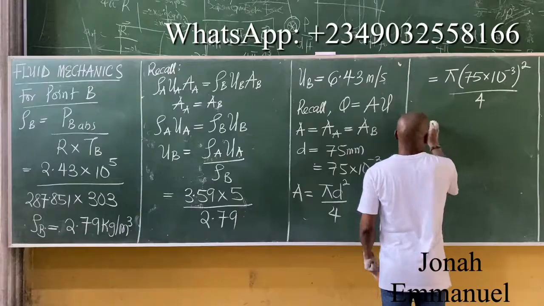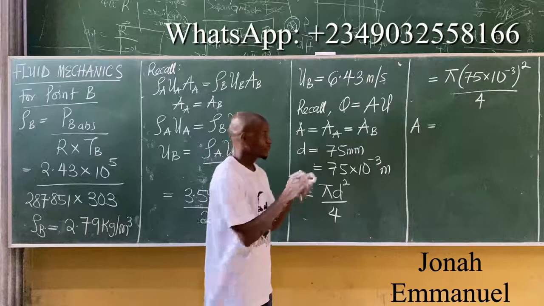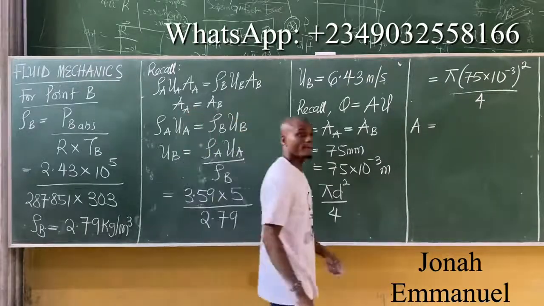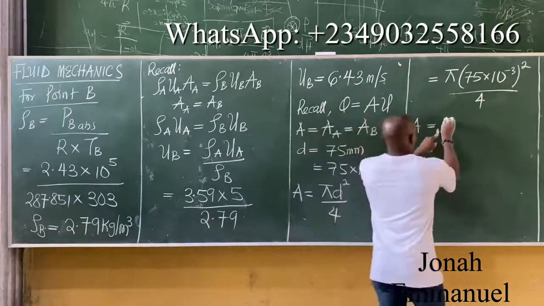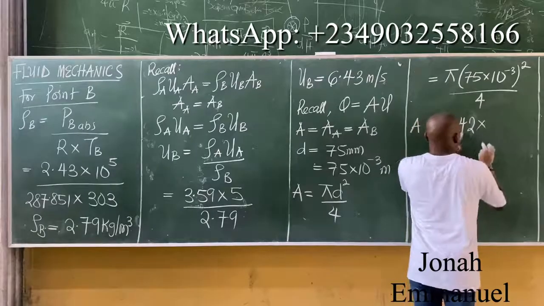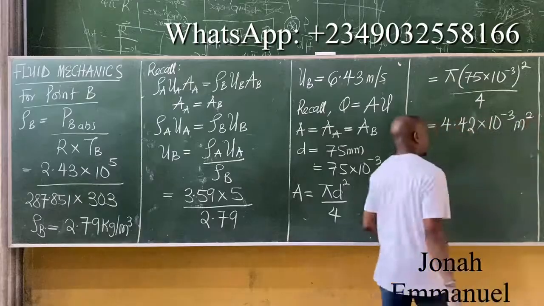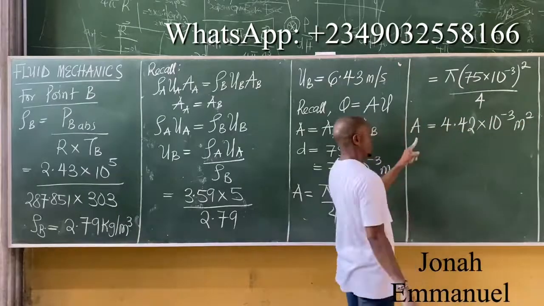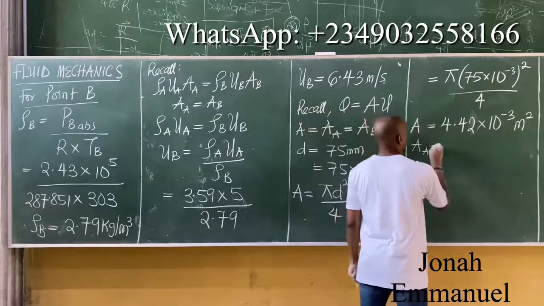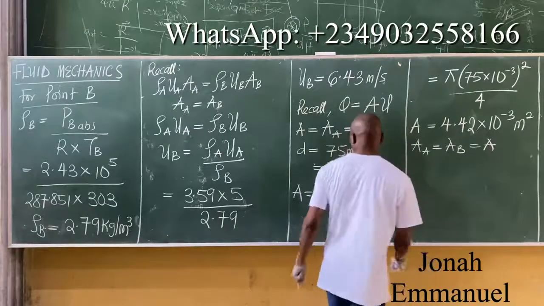So A is equal to 4.42 times 10 to the power minus 3 meters squared area. So this value is for AA also AB. We said AA is equal to AB, constant diameter, is equal to A.